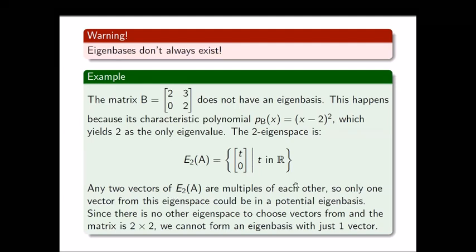So only one vector from this eigenspace could be in a potential eigenbasis, because if there are two of them, then you don't have linear independence. So since there is no other eigenspace to choose vectors from, and this matrix is 2 by 2, you can only have a potential eigenbasis with just one vector, but then it's not an eigenbasis because it's not a basis, because you need exactly two vectors.